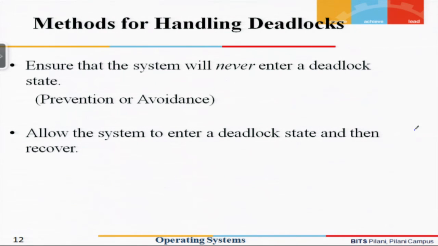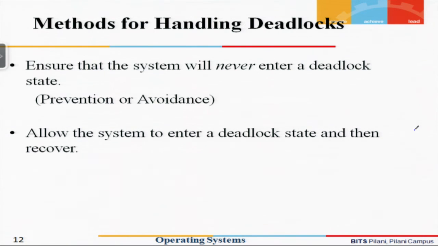So one approach can be that we prevent the deadlock from occurring, and that is prevention. Then there is something known as avoidance. We would see what it means; there is a subtle difference between prevention and avoidance. We will see what strategies there are for avoiding the deadlock.